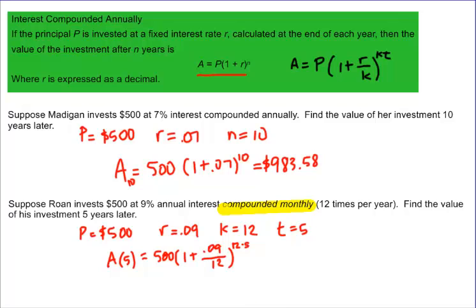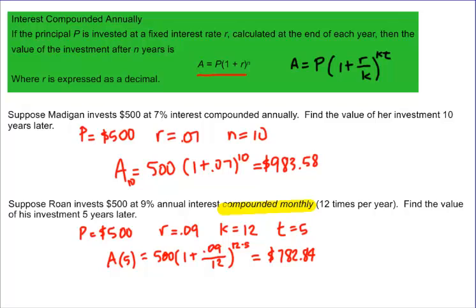Okay, and so that's this guy. And when you punch all of this into your calculator, and be careful how you do it, now you've got a fraction in there, you should end up with $782.84.